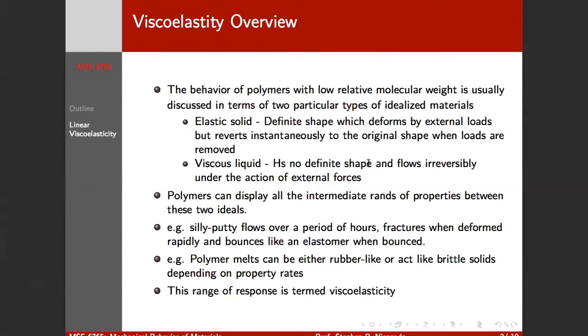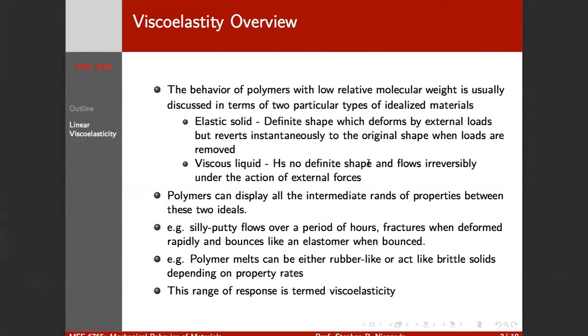The classic example is silly putty. Everyone's played with this, or still does. If you leave it in the egg, it takes the shape of the egg. But if you bounce it, it acts as a perfectly elastic rubber ball.